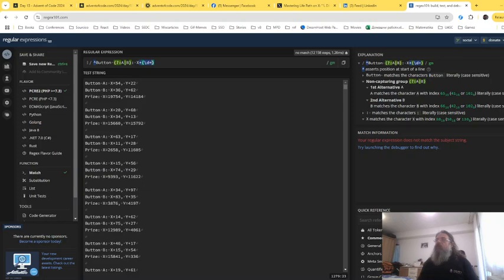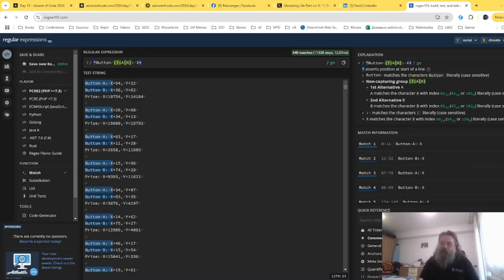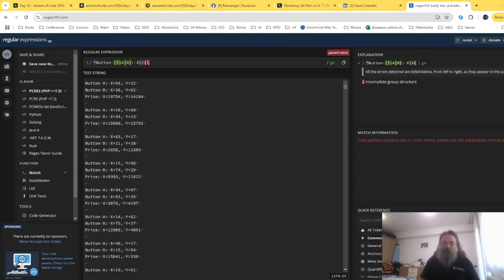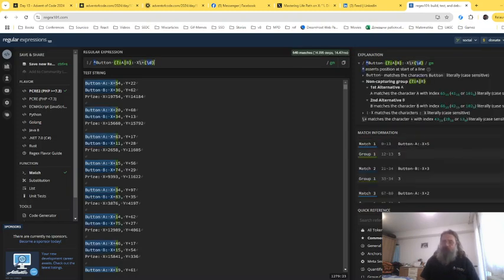Oh, it says it doesn't match. Why not? It matches up to here. Oh, and then we have the plus. We don't have a plus in the regex sense, we have a plus in the literal sense. So then we have a few digits that we want to take care of.